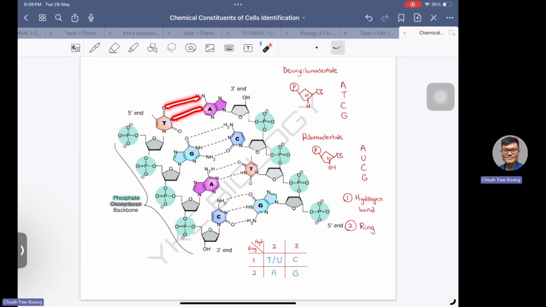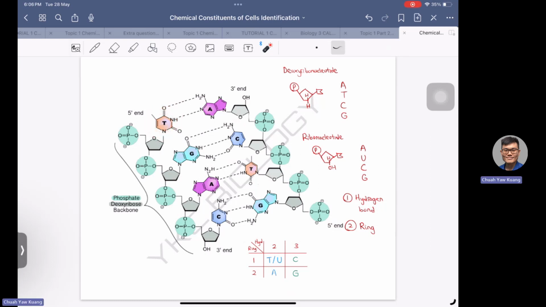Thymine can form two hydrogen bonds with A. The same goes for uracil. Uracil can also form two hydrogen bonds. So their number of hydrogen bonds formed and their ring number are the same for thymine and uracil. So how can we differentiate these two?